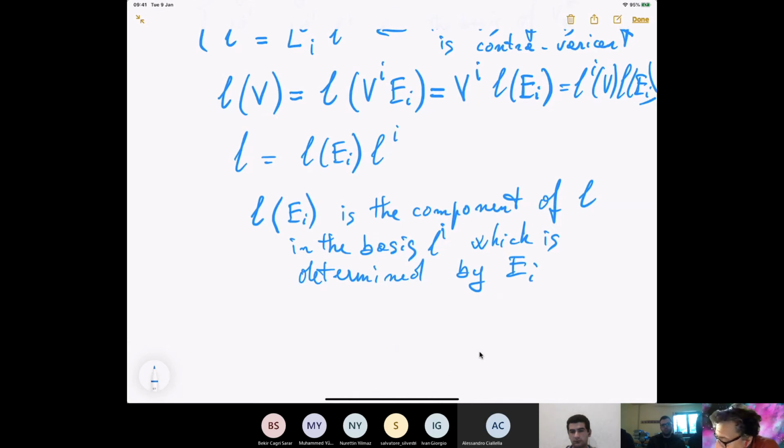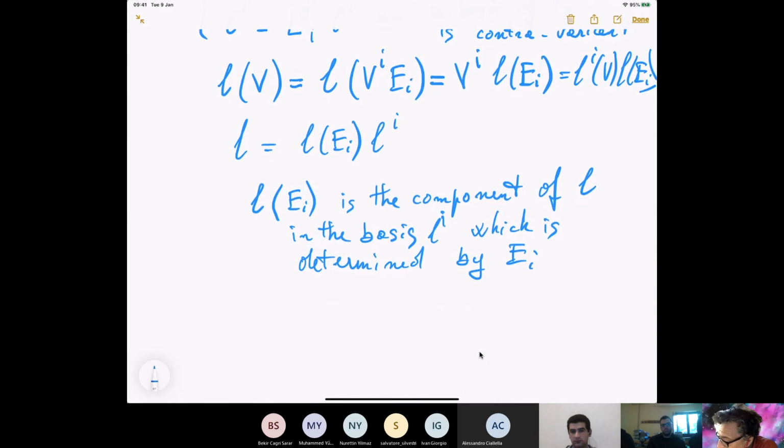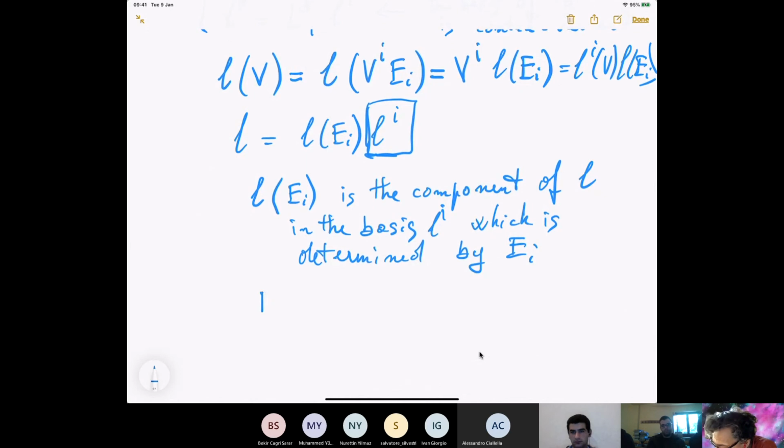Now you feel the need, you will see quickly why, to change the notation. Instead of calling this Li, it is much better if we call it Ei at the top.